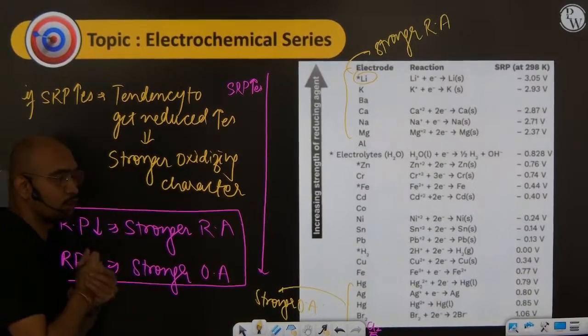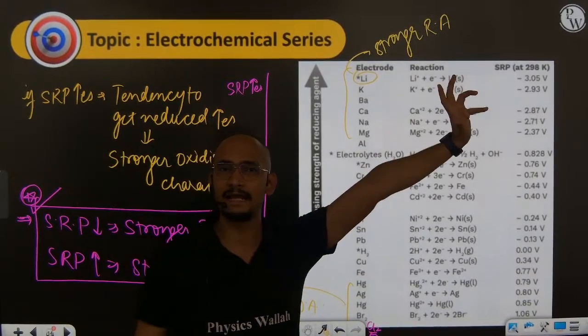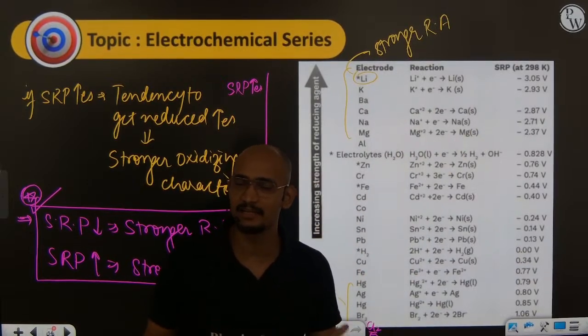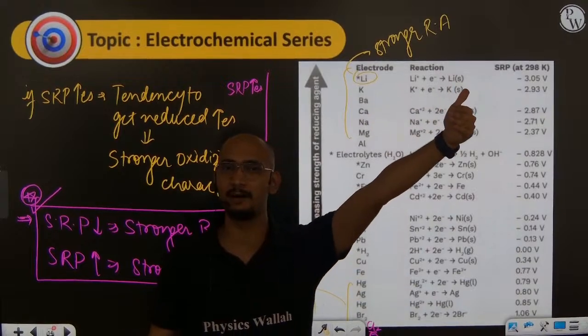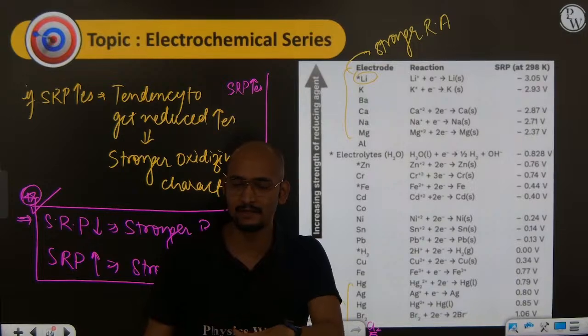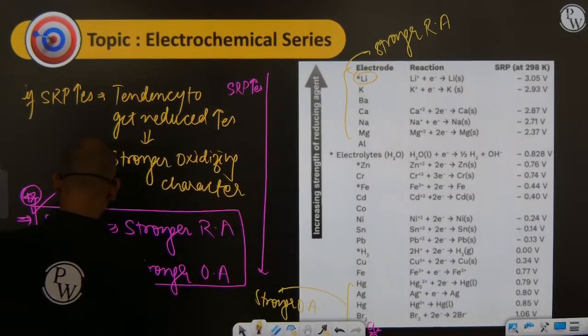Okay. And one more point, always remember कि जो भी ऊपर हैं, they will always get oxidized. जो भी नीचे हैं, they will always get reduced. In a reaction, whoever is placed upward will preferably get oxidized, while those who are at the lower side will preferably get reduced.